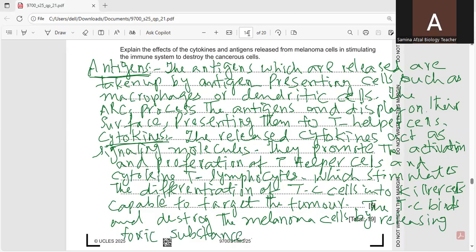So in this way, the destruction of the cancer cells by the immune system takes place.